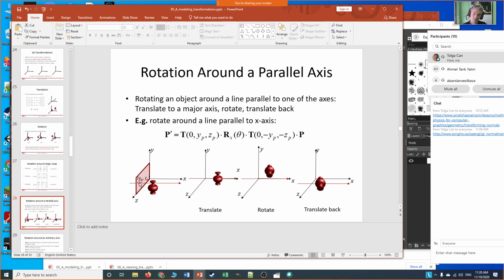And what you will do is move this line onto the x-axis, and aligning this line with the x-axis is just a simple translation. So if you want to rotate around an arbitrary axis which happens to be parallel to one of the major axes, you just need one translation to align that rotation axis on that major axis. So this is really the easy case.